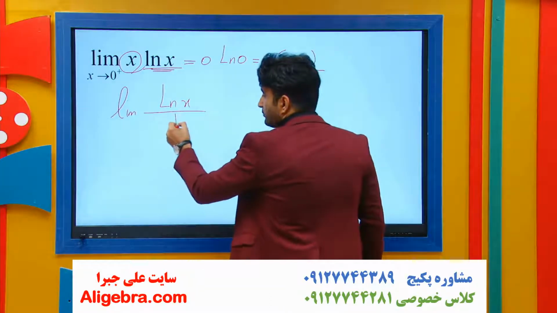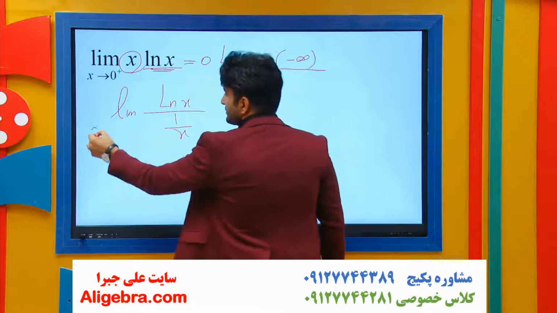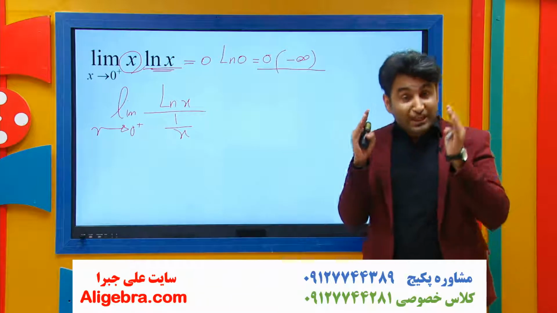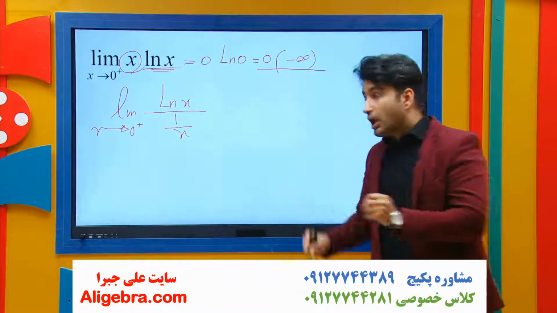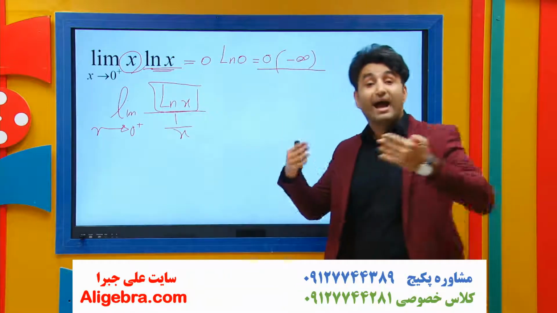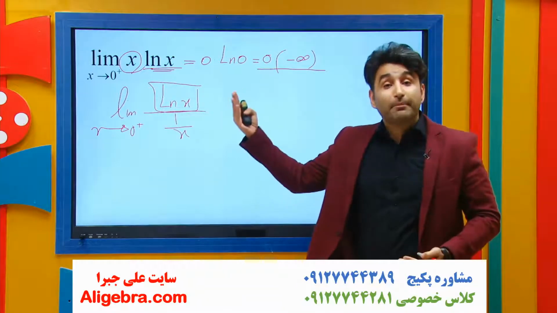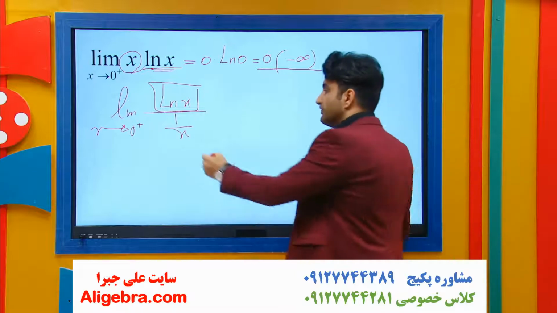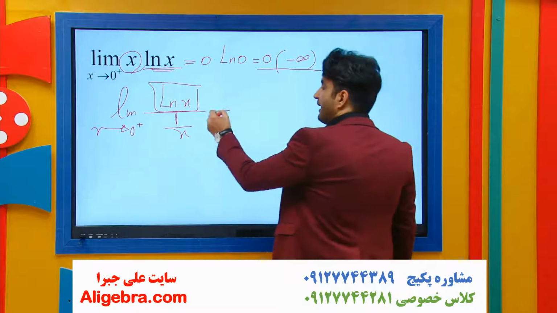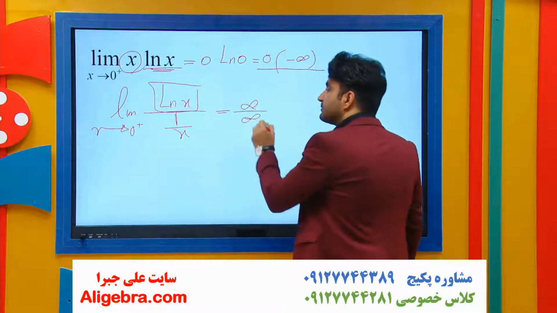So I'm going to write 1 over x as x approaches 0 from the right. Again, keep the term with ln on top, and take the term without ln to the denominator of the denominator, which will be 1 over x. Now, I have an infinity over infinity problem.